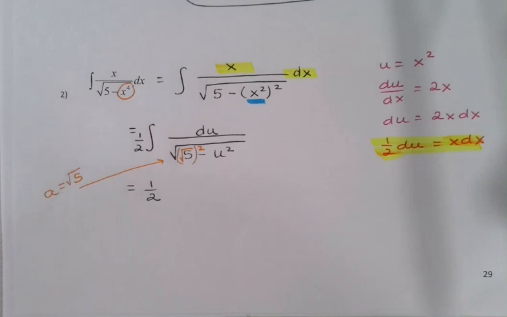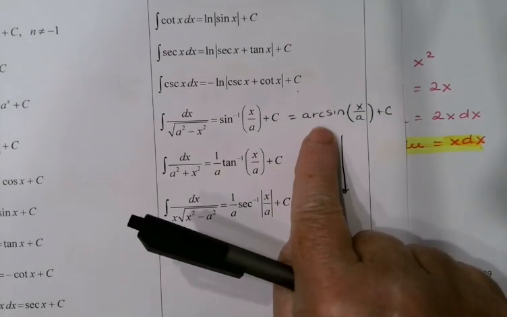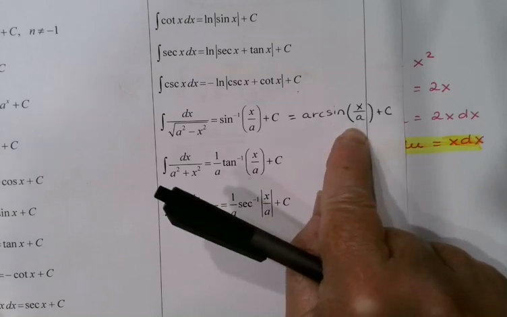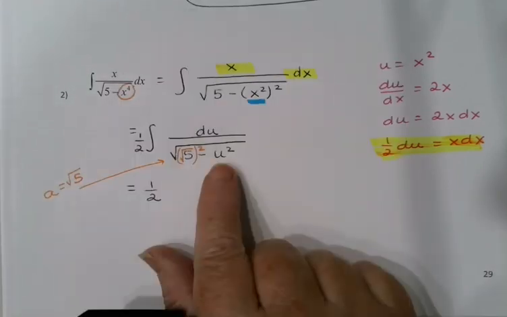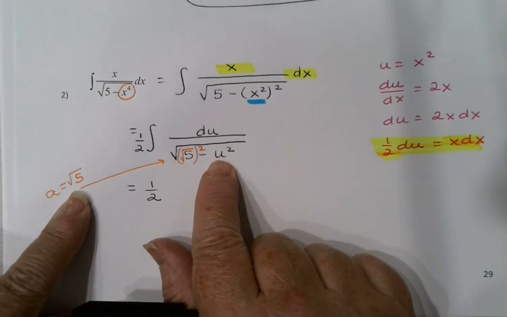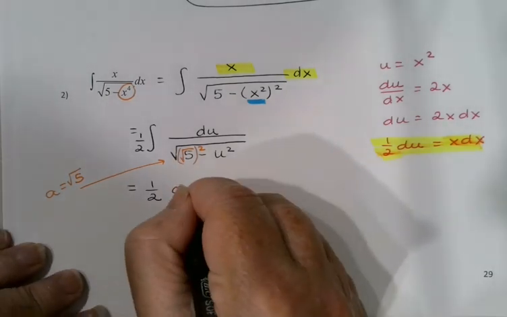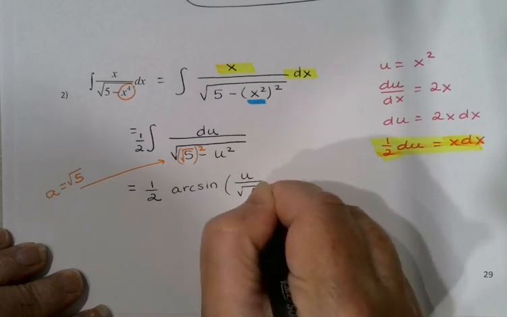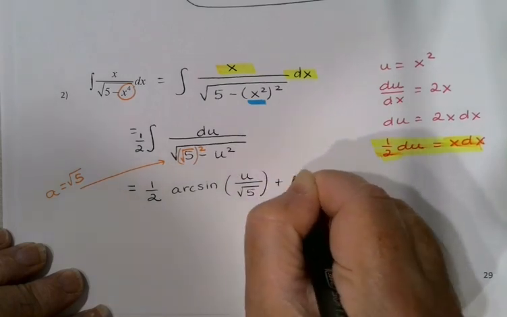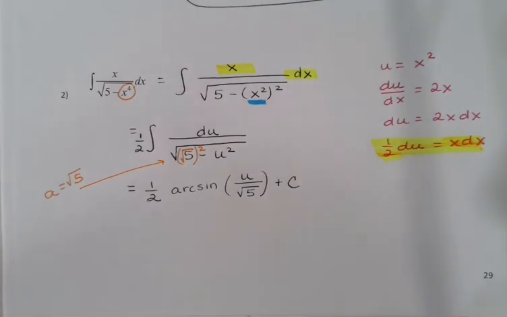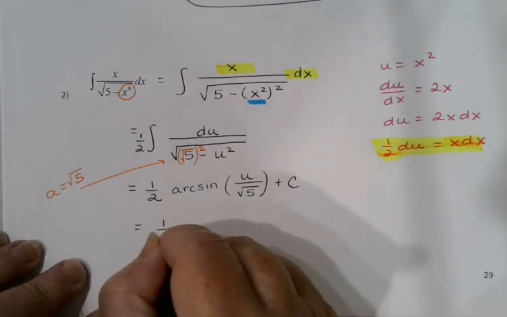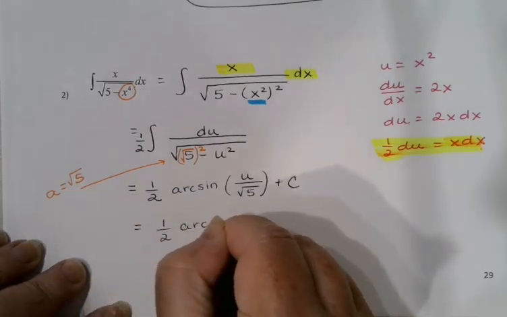So, according to my integral, I'm supposed to get the arcsine of x over a. For me, that'll be the arcsine of u over the square root of 5. So it's all about getting your integral to match the form that we need. All right, other than replacing the u by an x squared, I'm done.